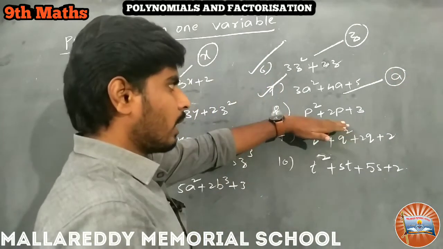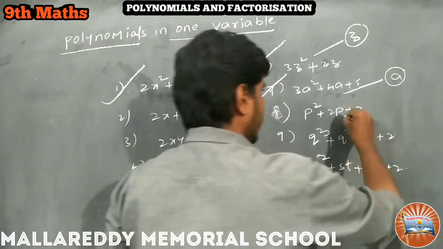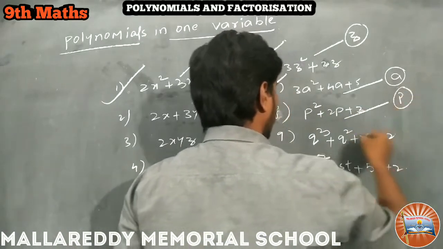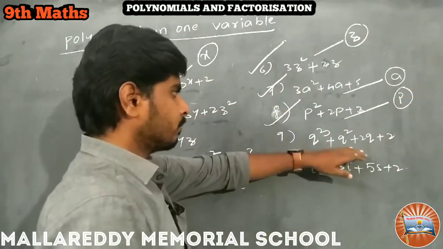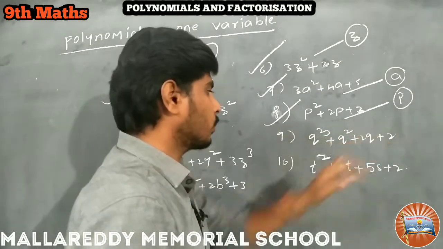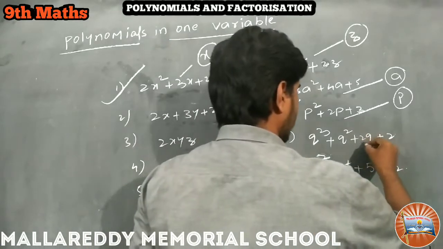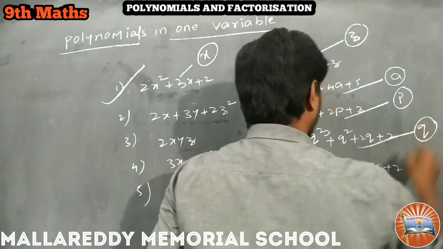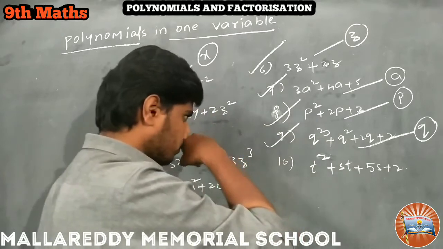In this p square plus 2p plus 3, the involved variable is only p. Next, q cube plus q square plus 2q plus 2. The involved variable is q, so only one variable is involved.